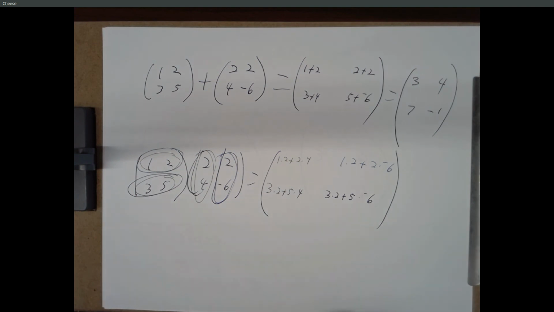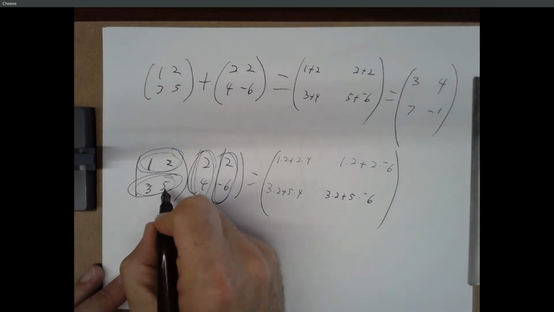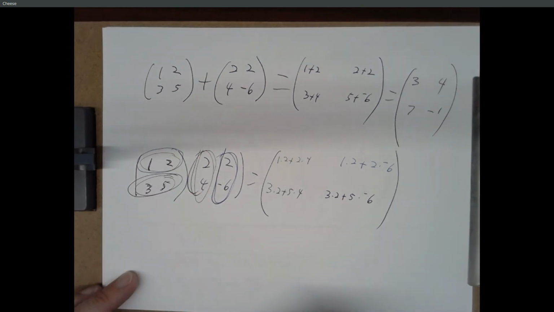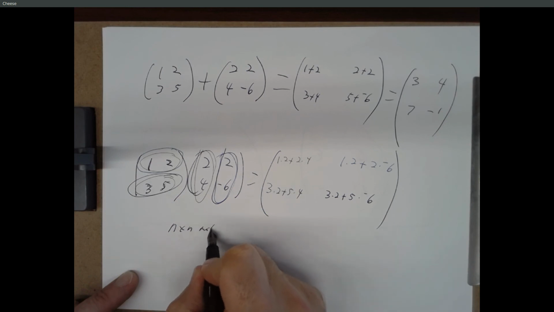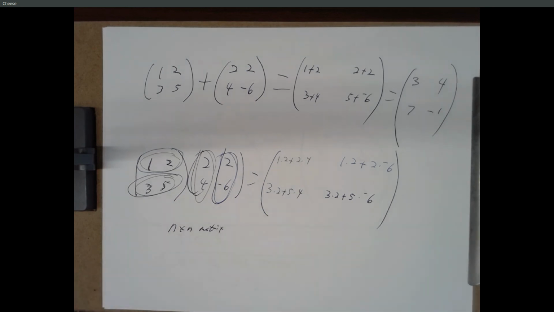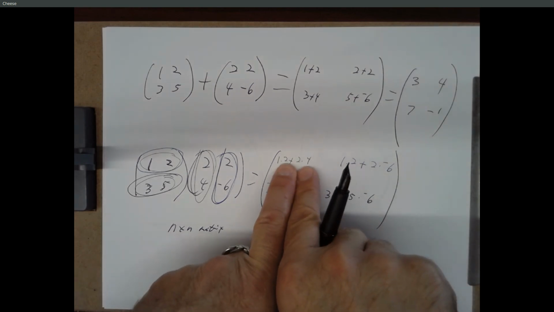And we have to do that summation of n things for every element in this row, every element in the next row, every element in the next row. So if you have an n by n matrix, and you want to multiply by another n by n matrix, to find the element in the first row, first column, you have to do n multiplications and additions.